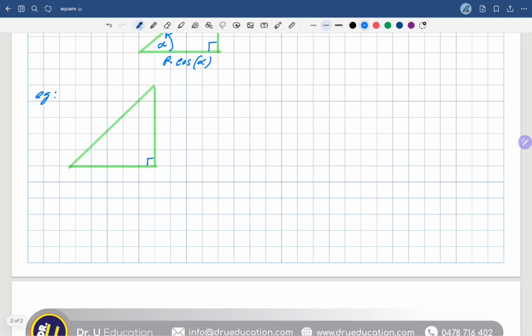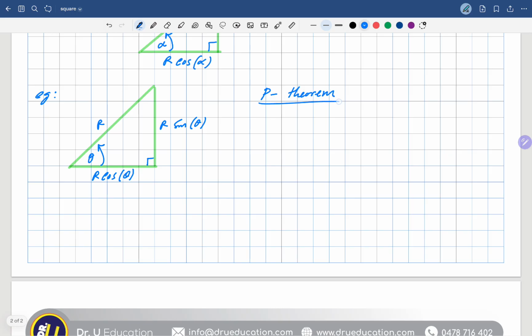Now let's think about this example. Suppose this is theta. Hypotenuse is R, right angle triangle. This I'm going to write as R sine theta. Then adjacent side I'm going to write R cos theta. Now I'm going to use Pythagoras theorem here. I would say P theorem.